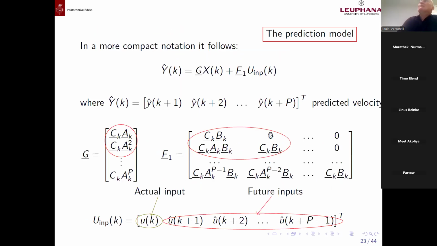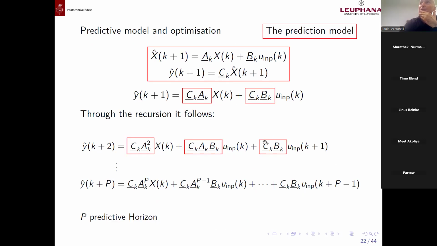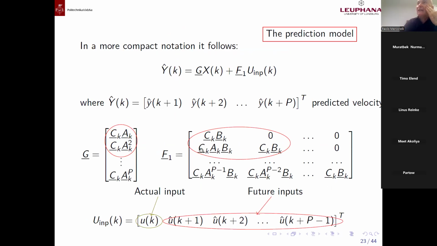And then, of course, for P step, we can extend. Why the 0 here? Because we don't have a UK plus 1, no? We can see here. In the second row, we have U input or the U k plus 1. Therefore, I copy this. Try to image F1 multiply a column which consists of these 2 elements.